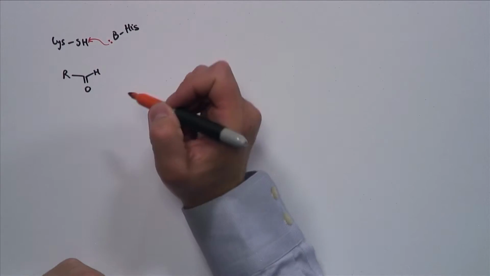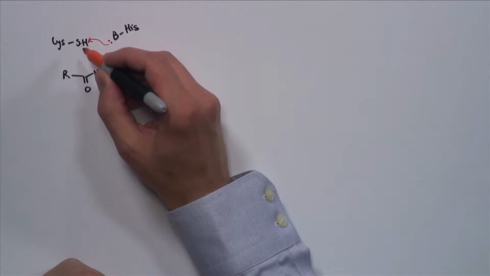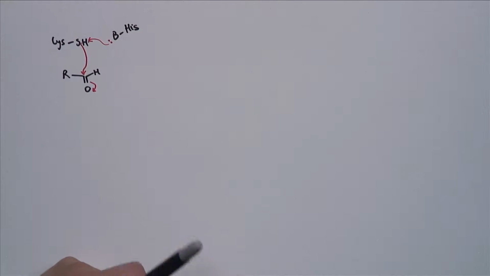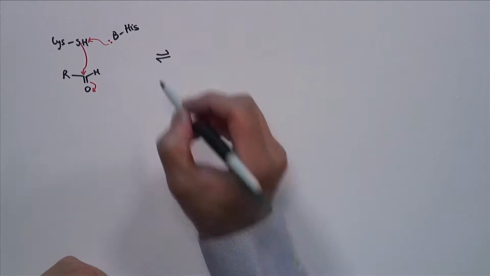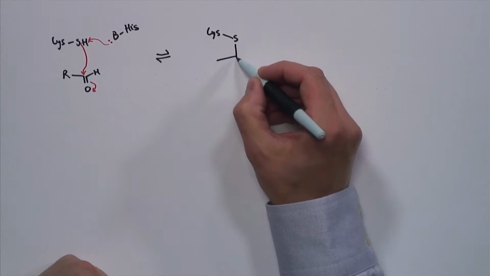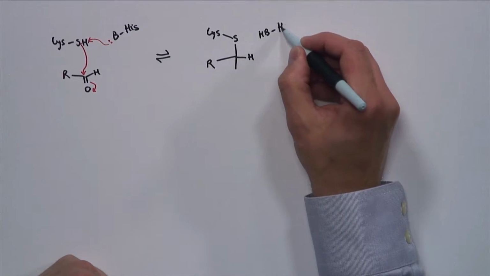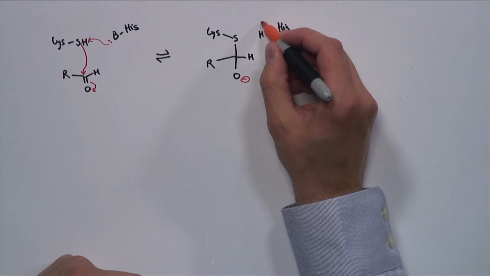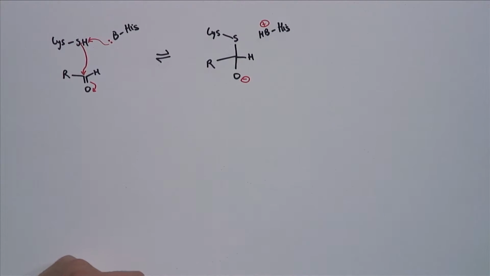Therefore, the histidine deprotonates the cysteine, and the cysteine can then attack the carbonyl to form a tetrahedral intermediate. So we get this tetrahedral intermediate and a protonated histidine base.